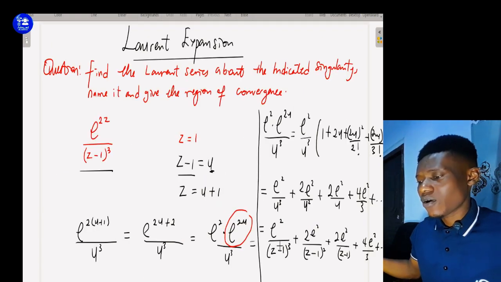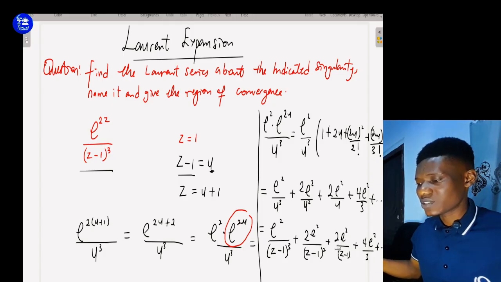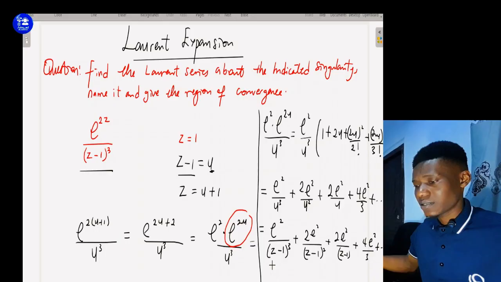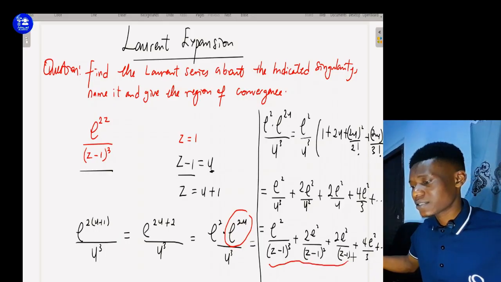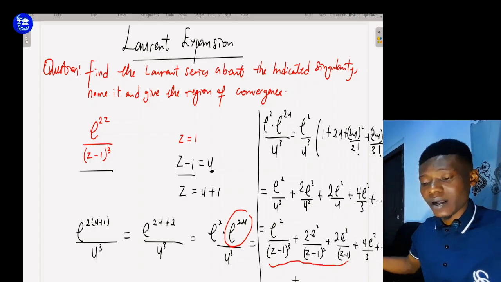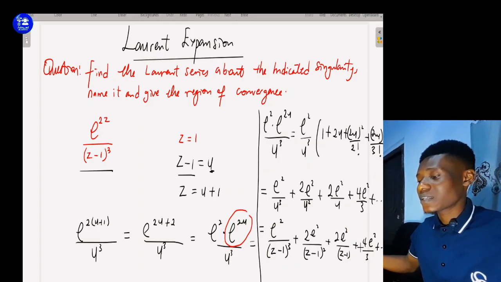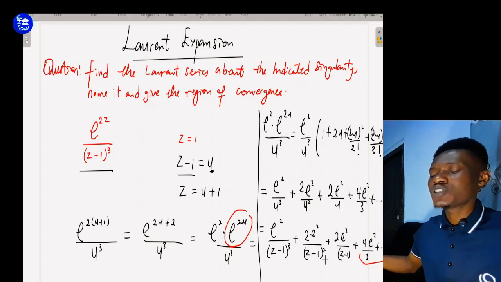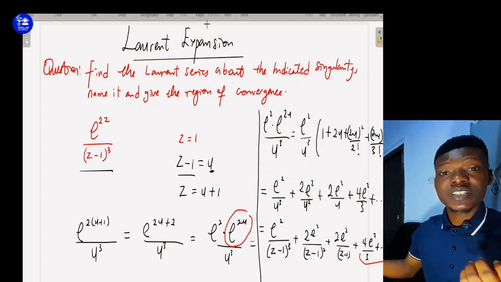So now, from this given question, we see that from this part we have the principal part, and from here downward we have the analytic part. So now, what do we need to understand?